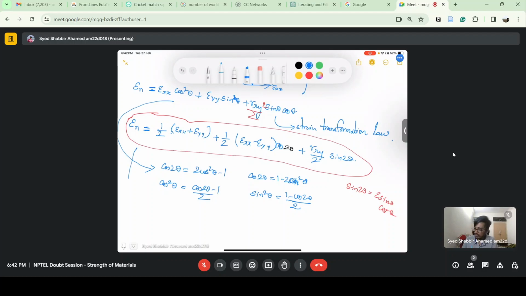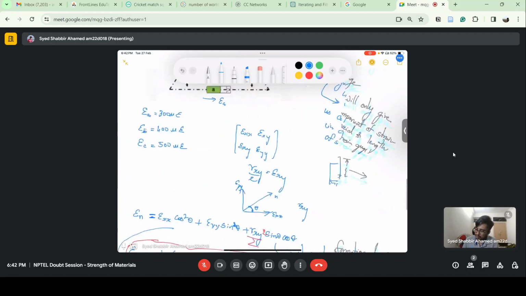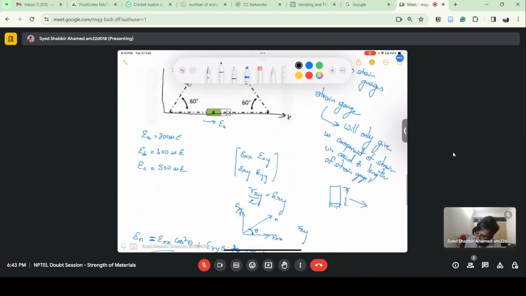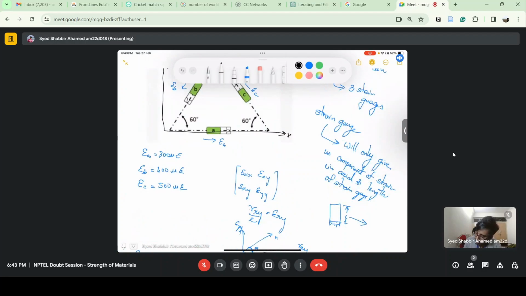Here, as you can see in this rosette, if I take three axes like this, this is x, this is y. Strain gauge A is making an angle of 0 degrees with the x-axis.